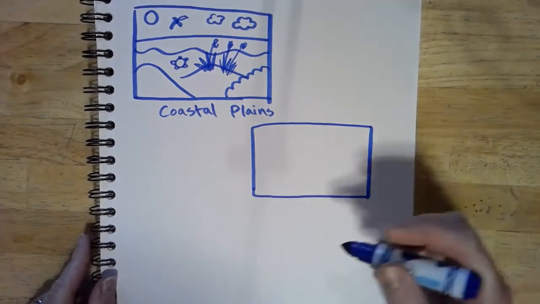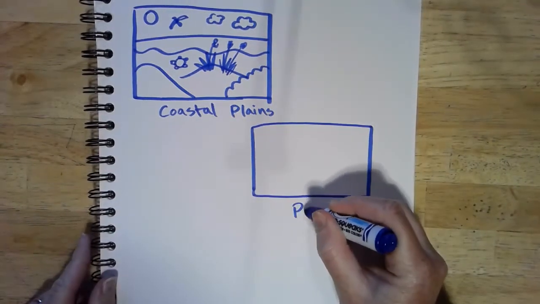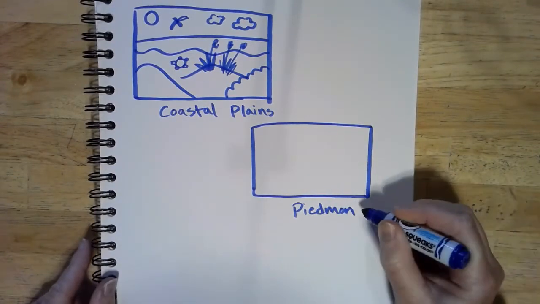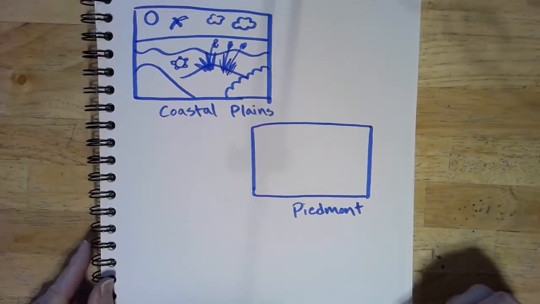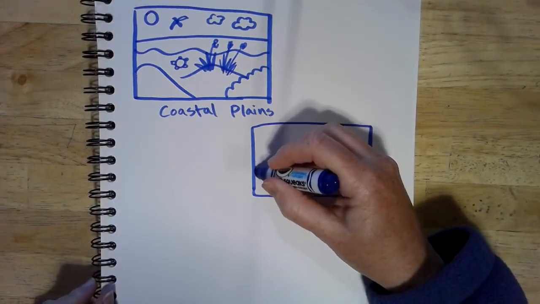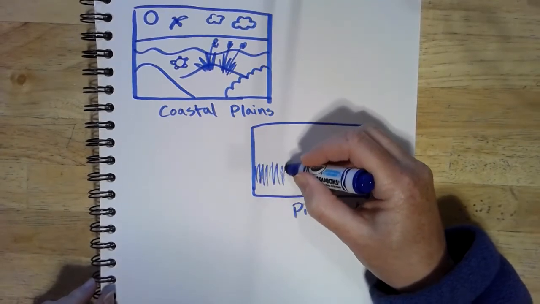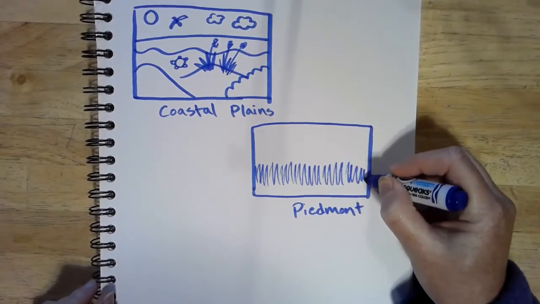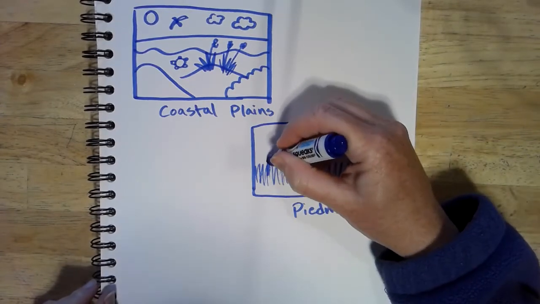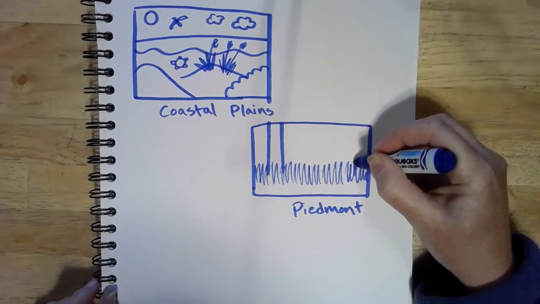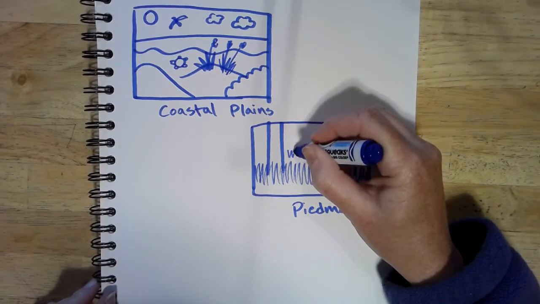Heading up the state into the Piedmont. Alright. This is, remember, a lot of pine forest. So you may have a lot of grass here in the foreground of your landscape. You might have some trees that are very close. More grass.